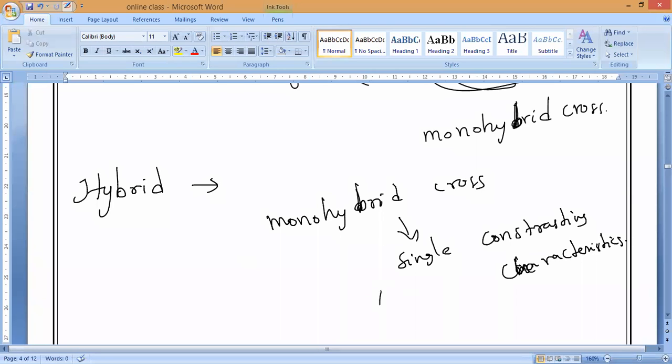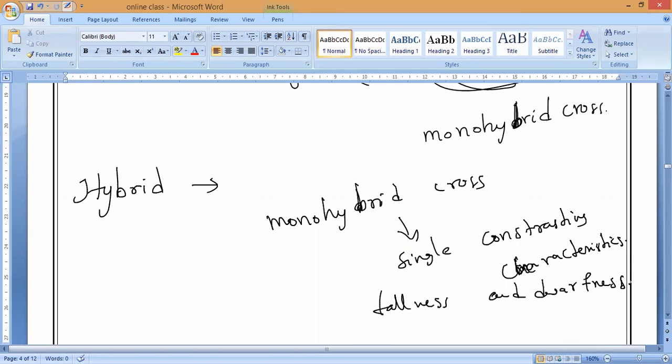For example, you can take tallness and dwarfness. Two different things make a single contrasting characteristic, so if we cross these two, we get the first generation as well as the second generation progeny. That is what we call a monohybrid cross.